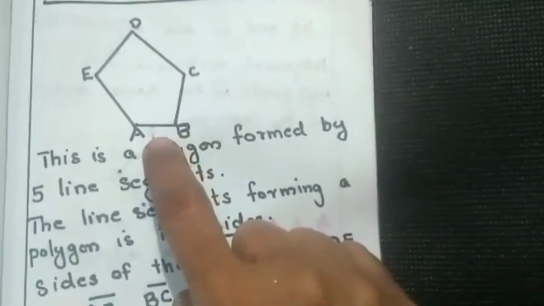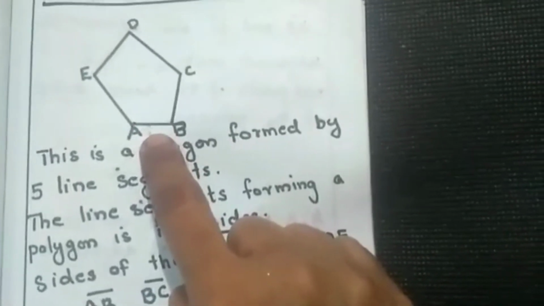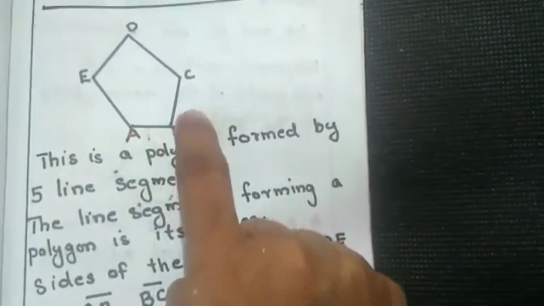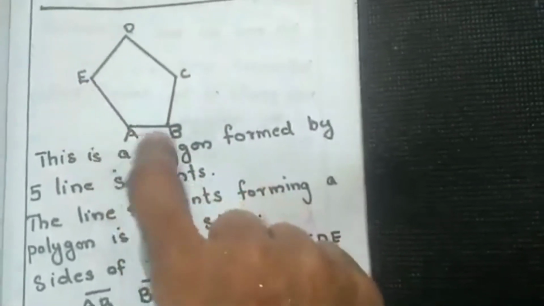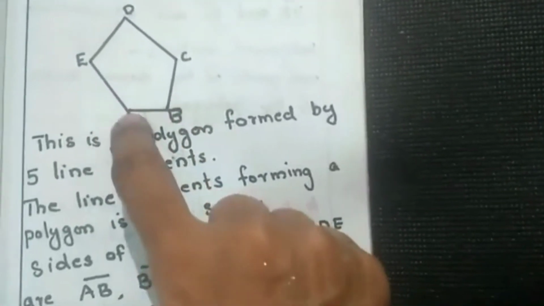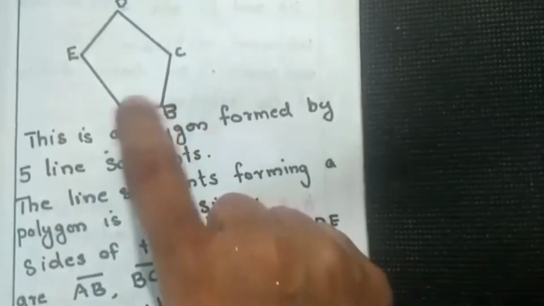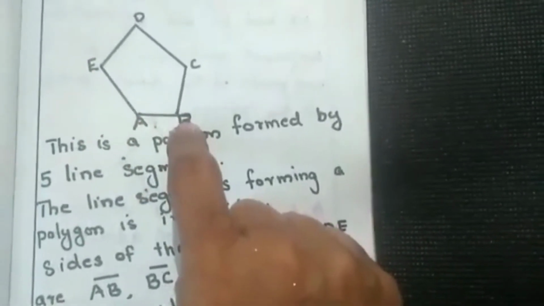Did you understand the concept of adjacent sides and adjacent vertices? AB and BC are adjacent sides, and EA and AB are also adjacent sides, as there is a common vertex. Adjacent vertices mean the endpoints of a side.